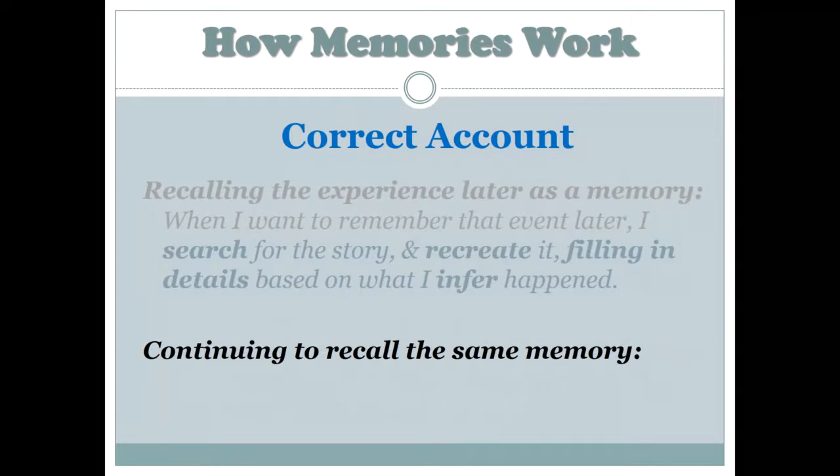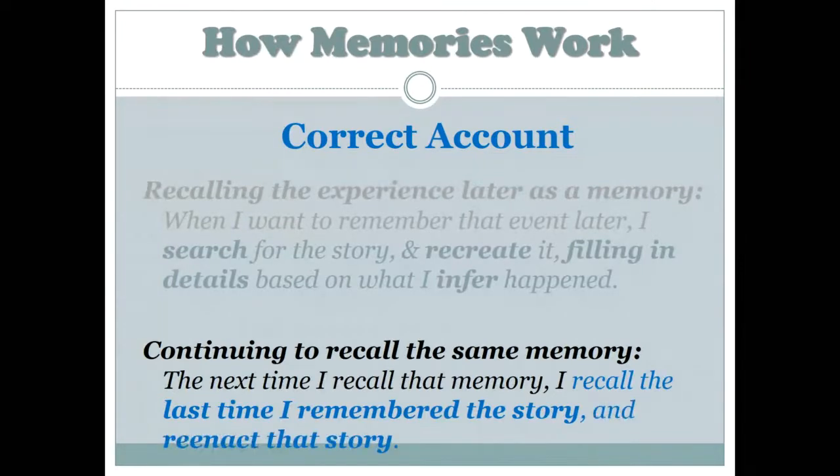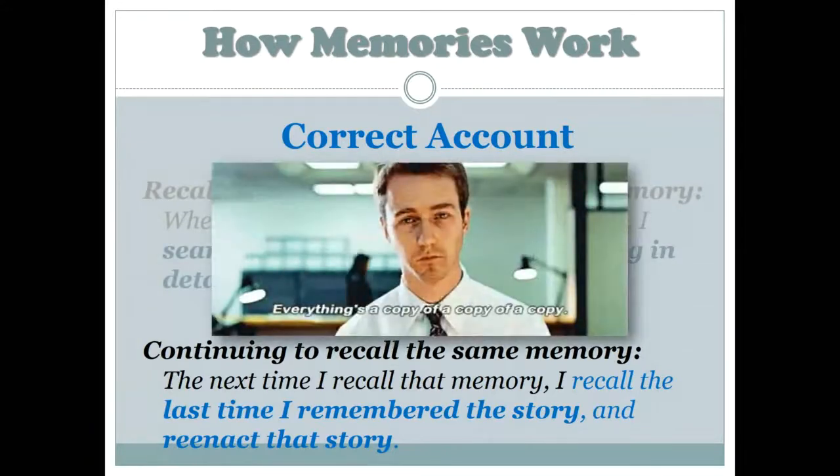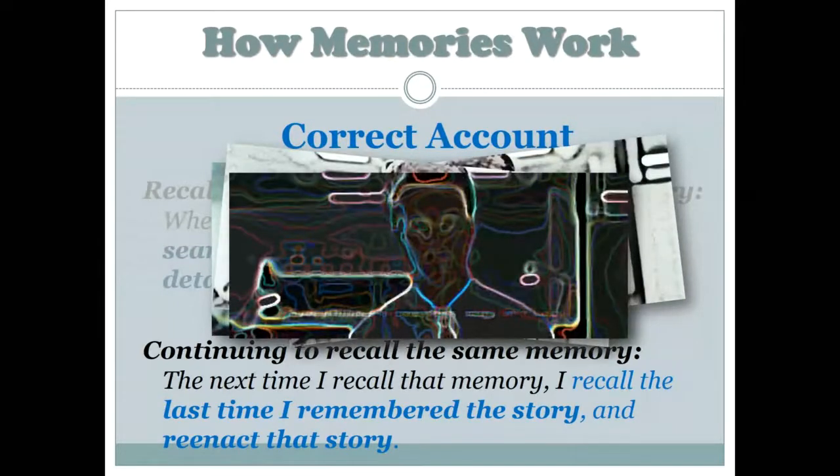And by the way, every time you recall the same memory, you don't recall the first time. You wind up recalling the last time you remembered the story, the last time you told the story. You reenact only the last time you told it. So every memory you have is a copy of a copy of a copy of a copy.